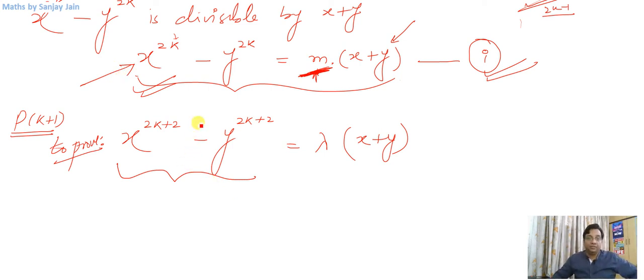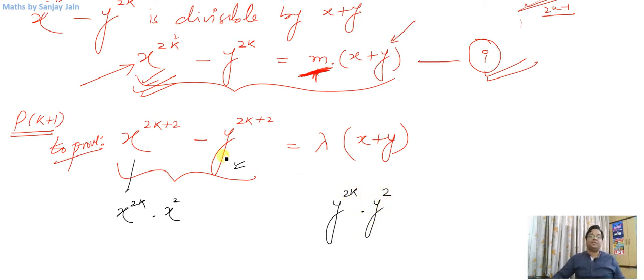So I have got x raised to power 2k here, and I have got x raised to power 2k plus 2 here. So can I write it as x raised to power 2k into x square? Yes. And can I write this as y raised to power 2k into y squared? Yes. Now why have I written them with a gap? Because I want to bring in something so that I can have this kind of expression, x raised to power 2k minus y raised to power 2k.